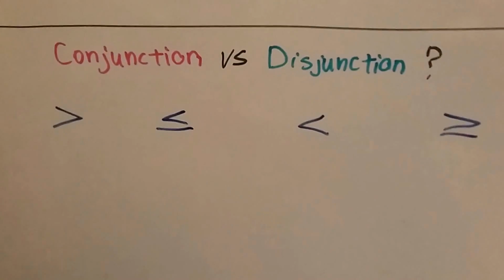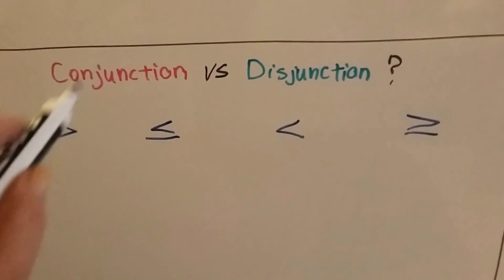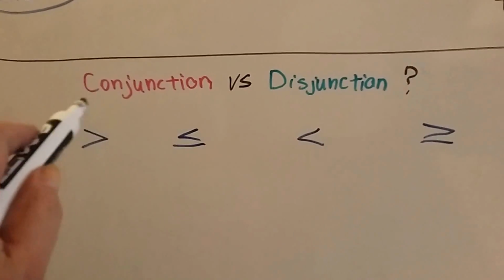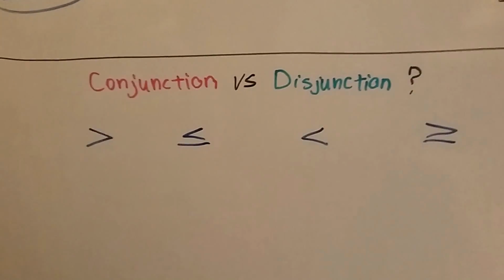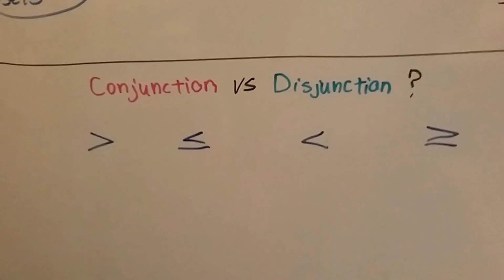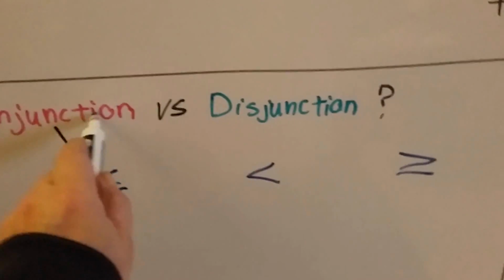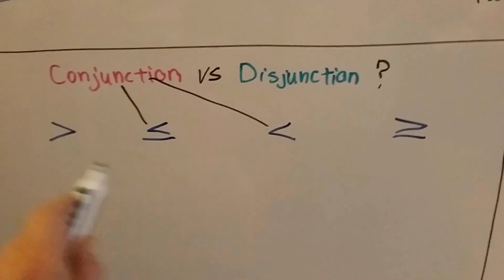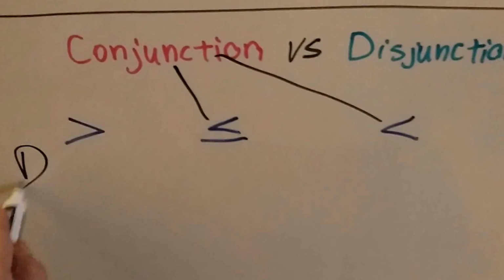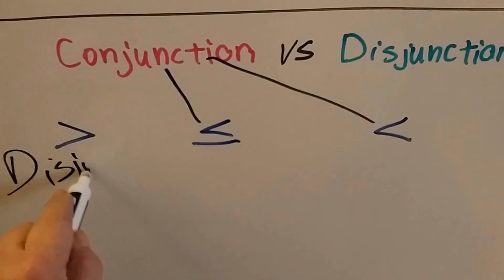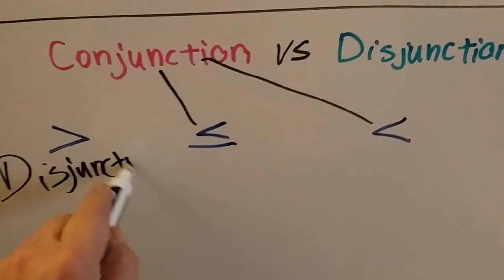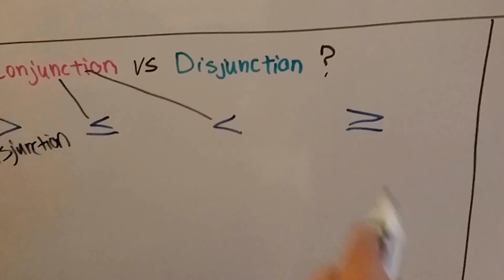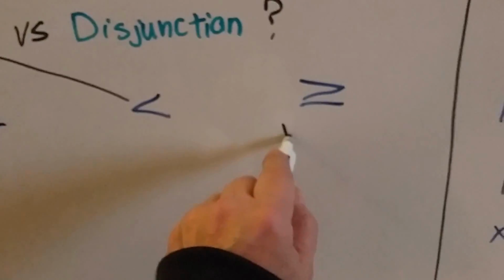Conjunction or disjunction? Do you remember my little quickie way to remember a conjunction? It faces the same way as the letter C. So which ones are the conjunctions? This one's a conjunction and that one's a conjunction, isn't it? And our disjunctions are this one, that's a disjunction. Pardon my handwriting. And this one's a disjunction because it's not facing the same way as the letter C, right?